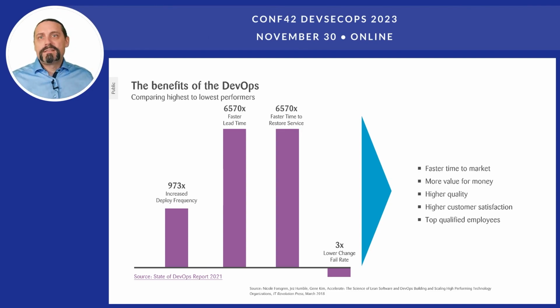This all boils down to the benefits which all of the CIOs nowadays want. They want to have a faster time to market, more value for money, higher quality, higher customer satisfaction, and top qualified employees. And these are the benefits you get when you implement DevOps.